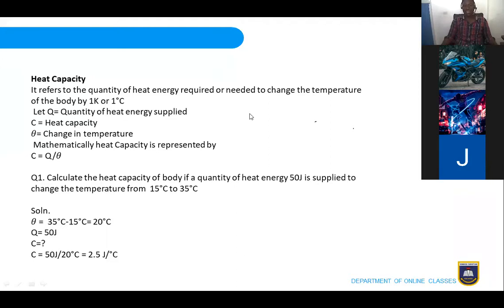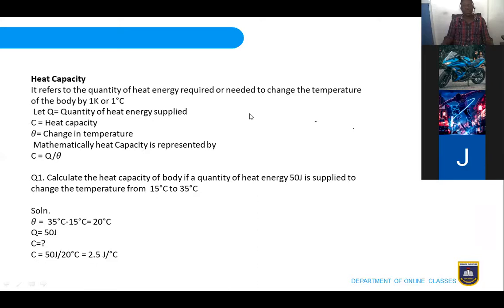When we talk about heat capacity, it refers to the quantity of heat energy required. The capacity of your pen drive means the amount of material the pen drive can take. Heat capacity is the quantity of heat required or needed to change the temperature of a body by 1 Kelvin.